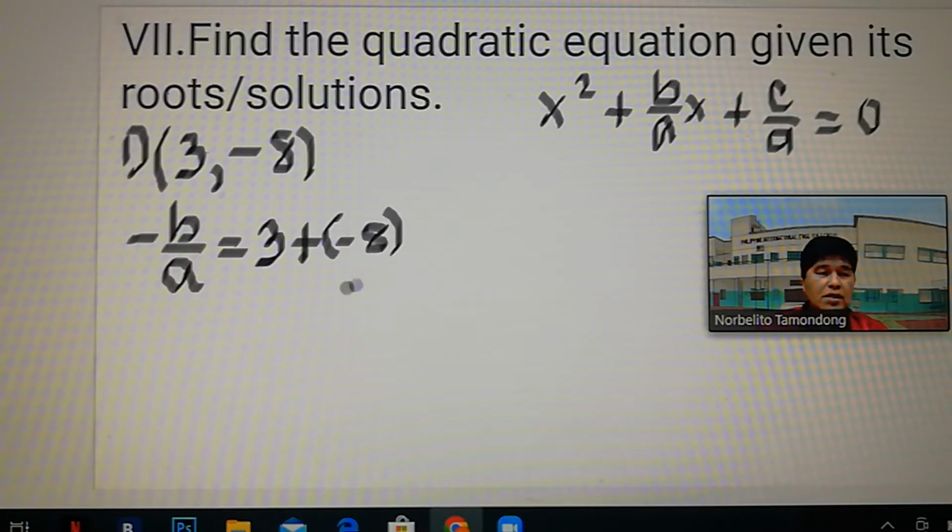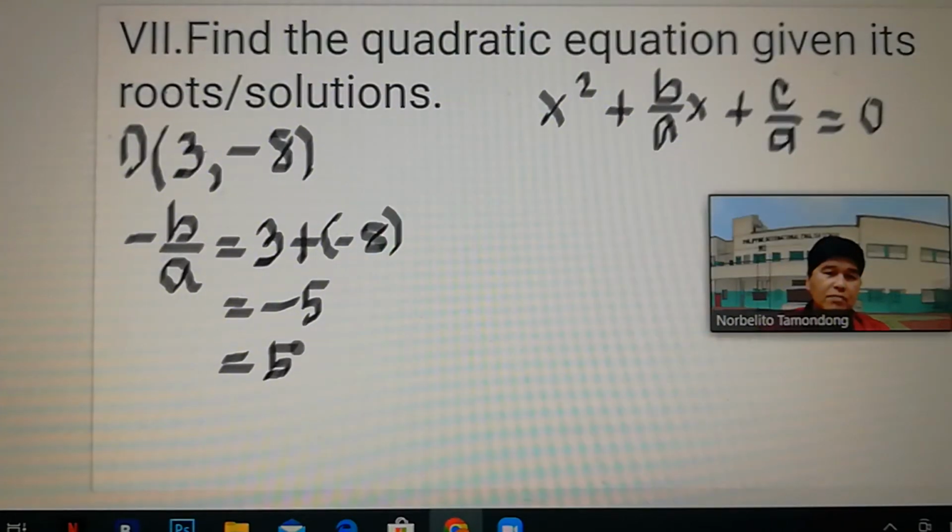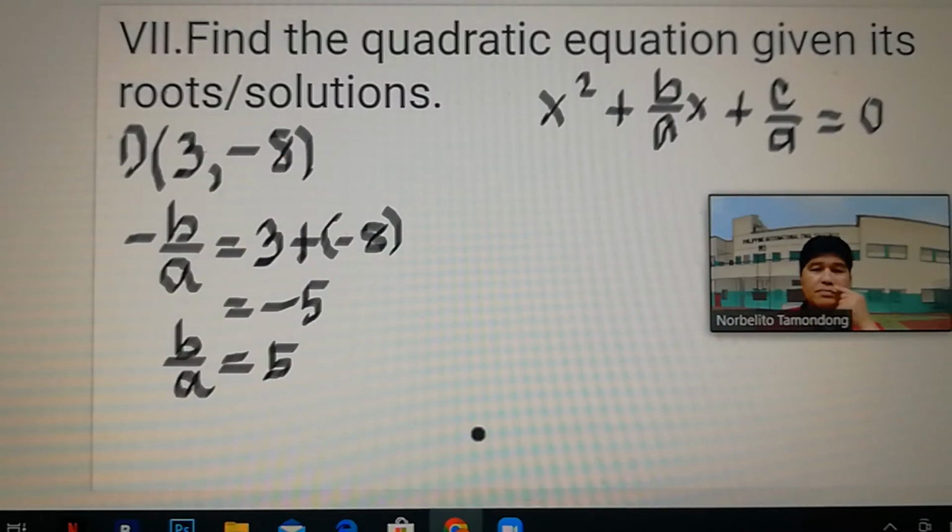Since the two integers are unlike, simply subtract and get the sign of the number with the greater absolute value. So the answer here is negative 5. Now if we get the opposite of negative 5, that is equal to 5. So your b over a is equal to 5.